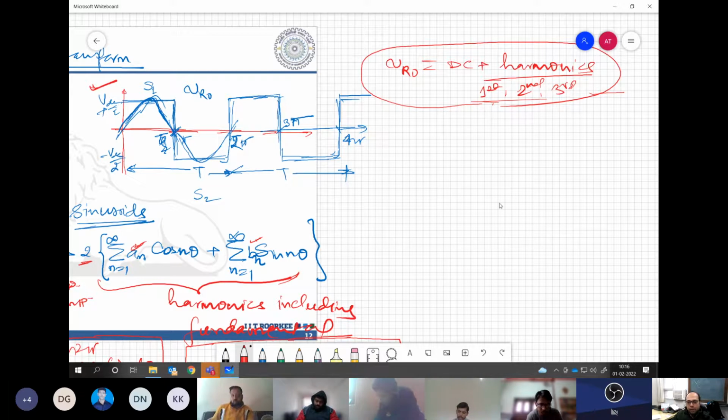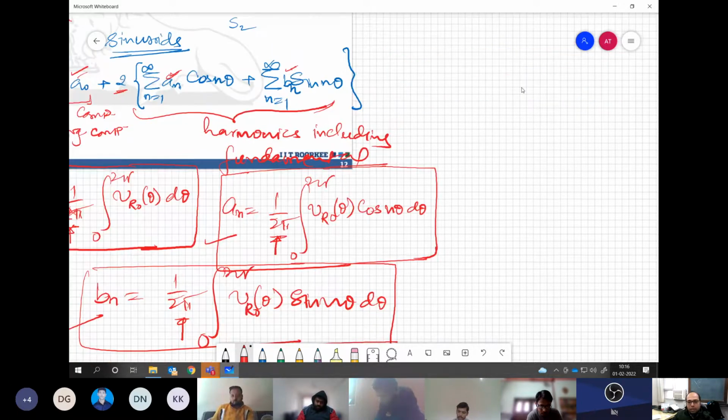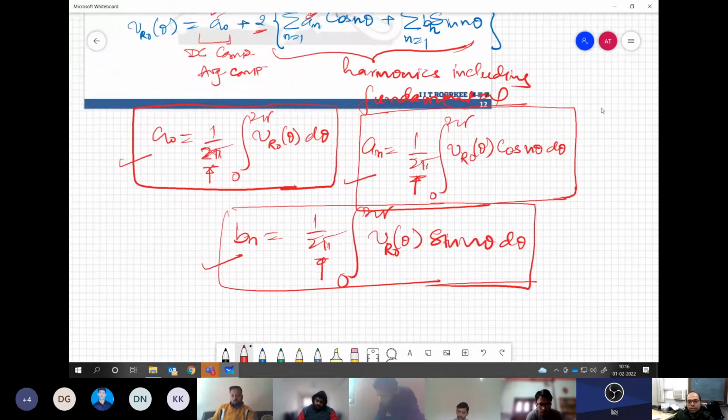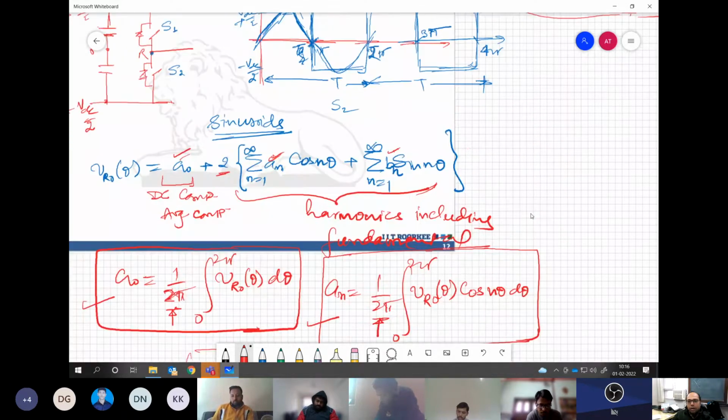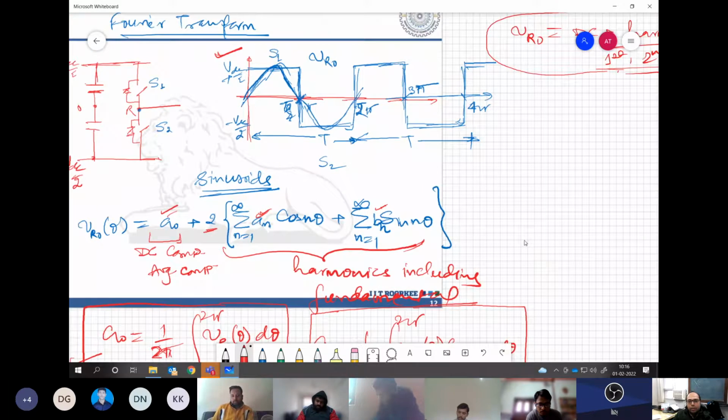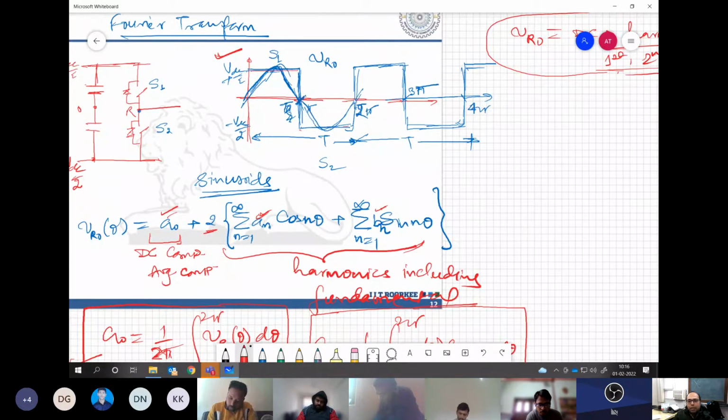I'll keep the expression on the screen so that it is easier for you. And the waveform you know already. It is plus VDC by 2 over here up to pi, and then minus VDC by 2 for the next half cycle.